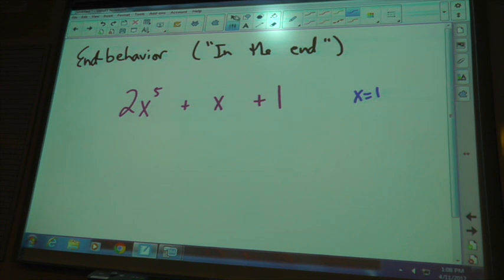If x equals 1, then this is going to be 2 times 1 to the 5th, whatever. Now notice that they're all pretty much equivalent, right? They're not that far off. This is 2 plus 1 plus 1, which is 4.